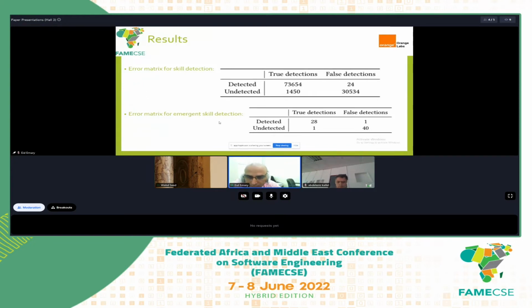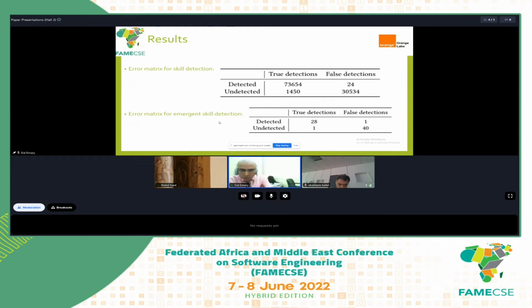We tagged around 73,000 skills, and based on our proposed model we can catch around 73,000 of them, and we only have around 24 false detections, while we have around 1,045 undetections in the system.